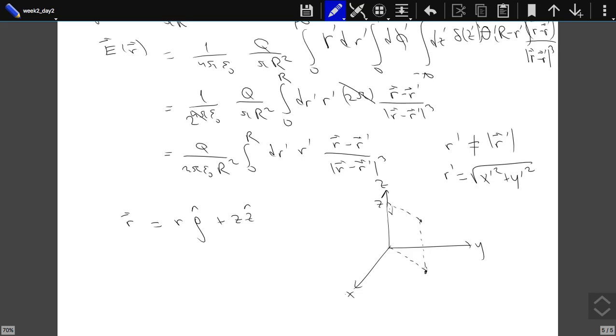So this is what I call rho, and this unit vector here is what I call the rho hat vector. These are the definitions. Rho is the distance of the projection on the xy plane to the origin. Rho hat is this vector on the xy plane. And z is the usual Cartesian z coordinate.